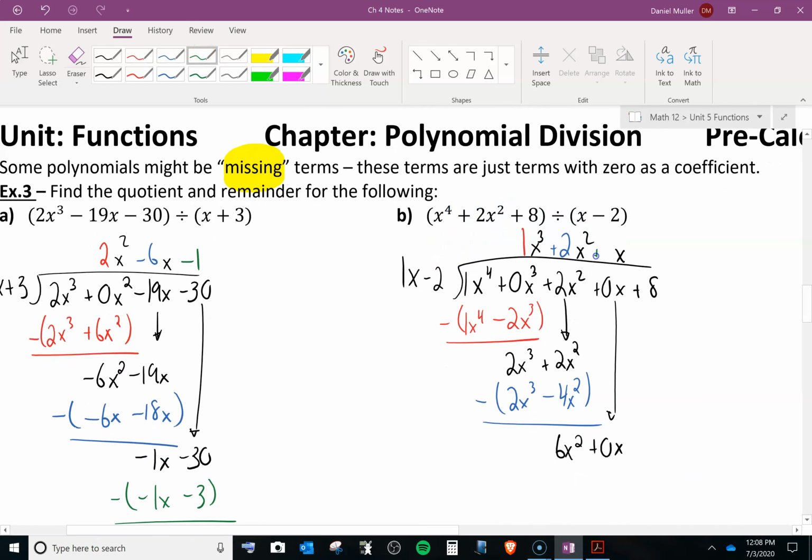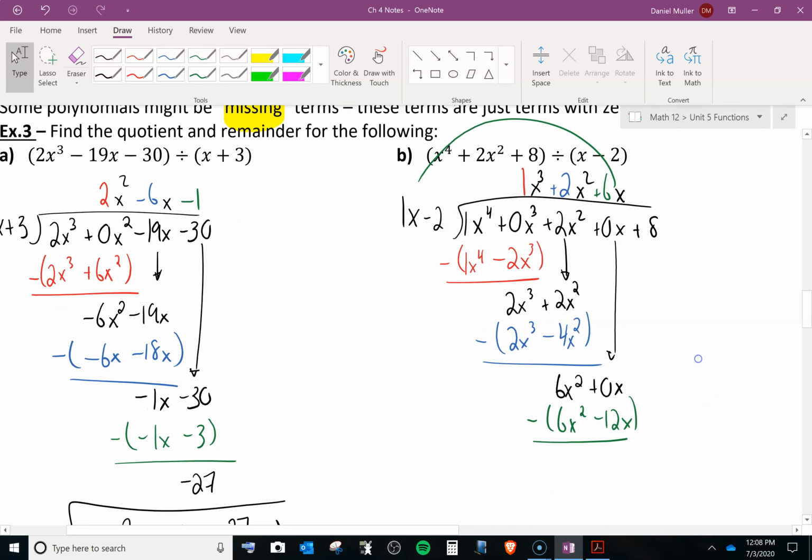I need a 6, so plus 6. 6x times 1x is going to be 6x squared. And 6x times negative 2 would be a negative 12x, and I can subtract it. What do I have here? 6 minus 6 is 0. 0 plus 12 is 12x.